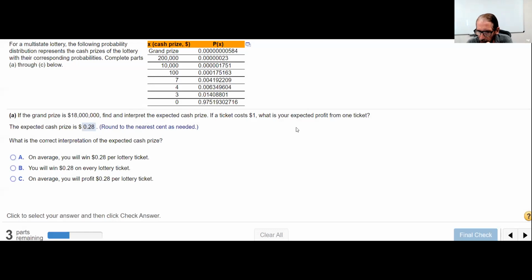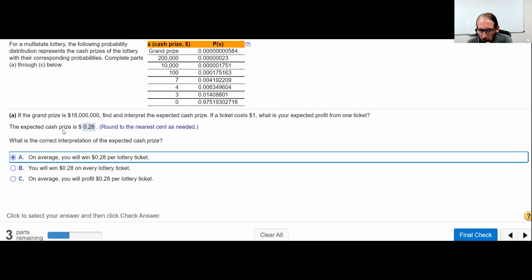I thought they were going to have us take away the $1 that is spent. So it does not mean that we would win 28 cents every time. And it does not mean that on average we would profit. Okay, so they only asked for the expected cash prize back here. They didn't ask for the expected profit just yet.